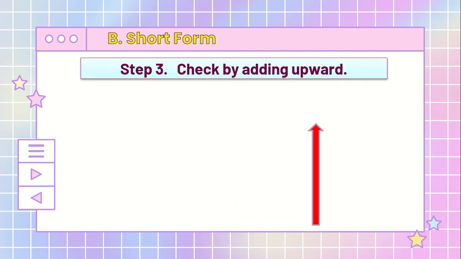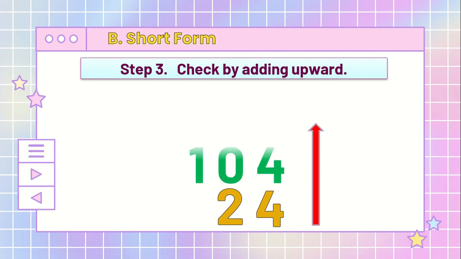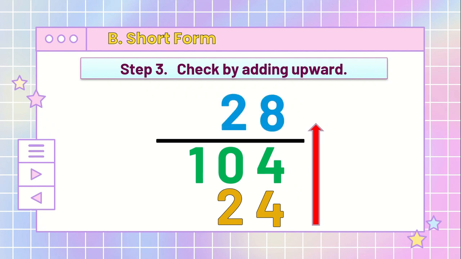Step 3: check by adding upward. We have here the answer, the difference, which is 24, and the 104. Now we check by adding upward. Let's see if we will get the same answer, which is 128. So 4 plus 4 is equal to 8, and 2 plus 0 is equal to 2, and put the number 1.